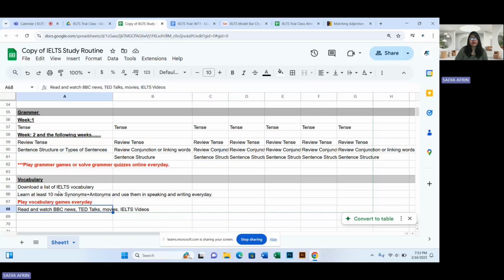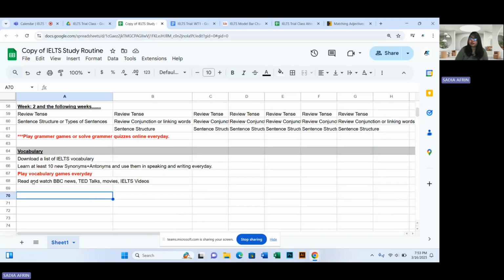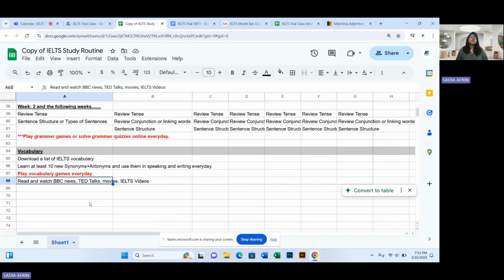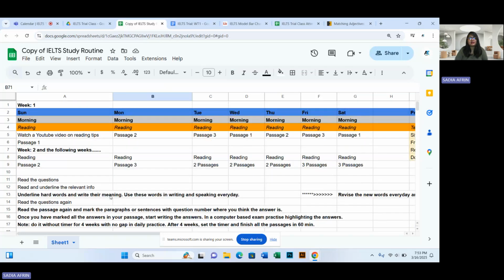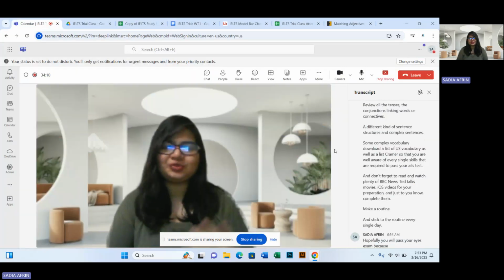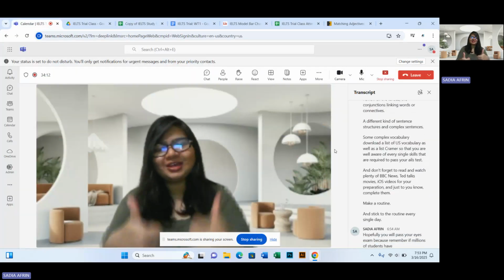Download a list of IELTS vocabulary as well as IELTS grammar so that you are well aware of every skill required to pass your IELTS test. And don't forget to read and watch plenty of BBC News, TED Talks, movies, and IELTS videos for your preparation. And just to complete them, make a routine and stick to it every single day. Hopefully, you will pass your IELTS exam. Because remember, if millions of students can pass it, you can pass it too.